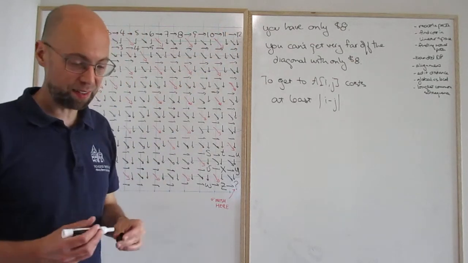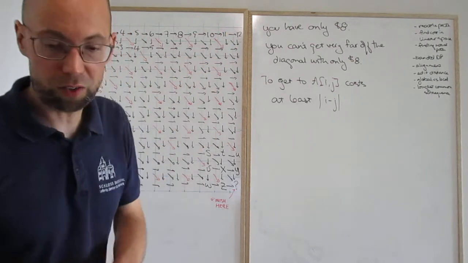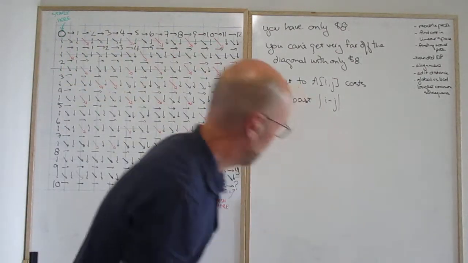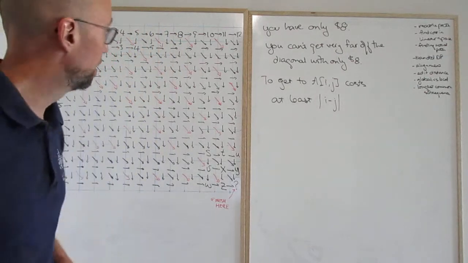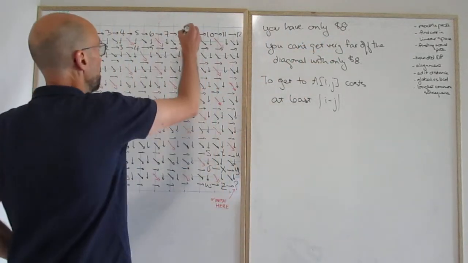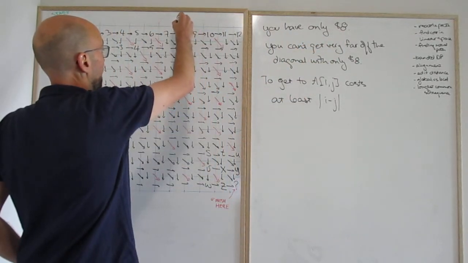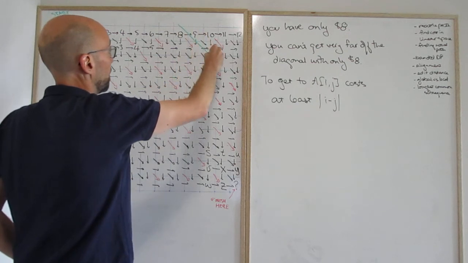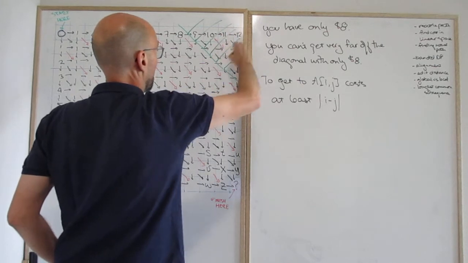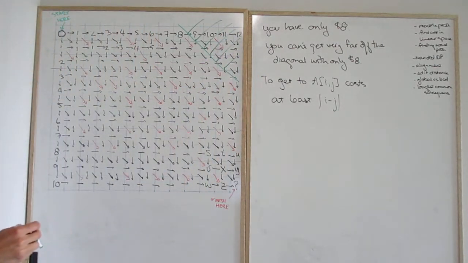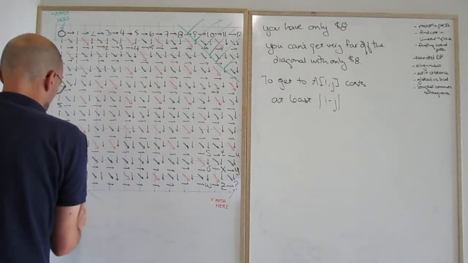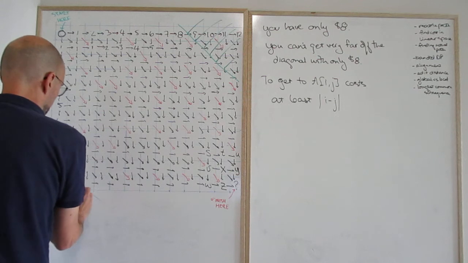So it's called banded dynamic programming because if it's 8, actually I'm going to do this in green. If I give you $8, you know you don't care about anything up here because the cost is above 8. And you don't care about anything below here because the cost is above 8.